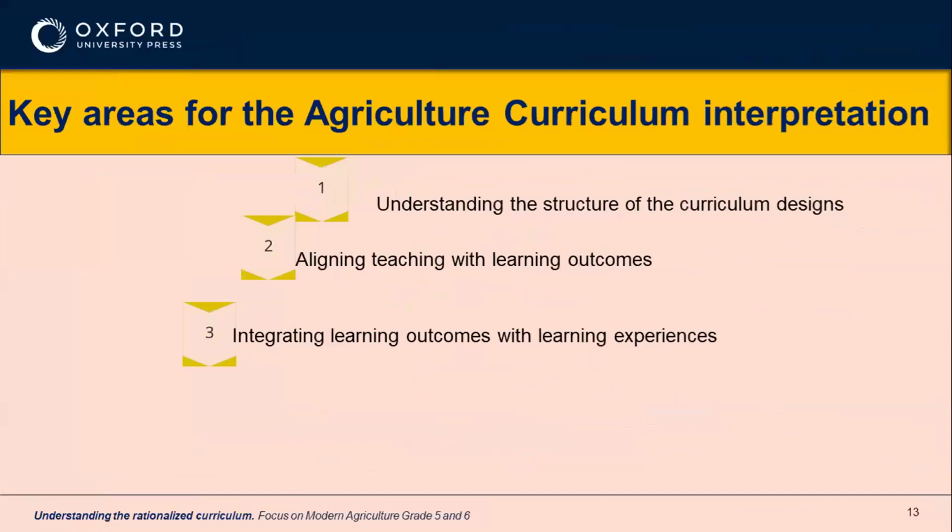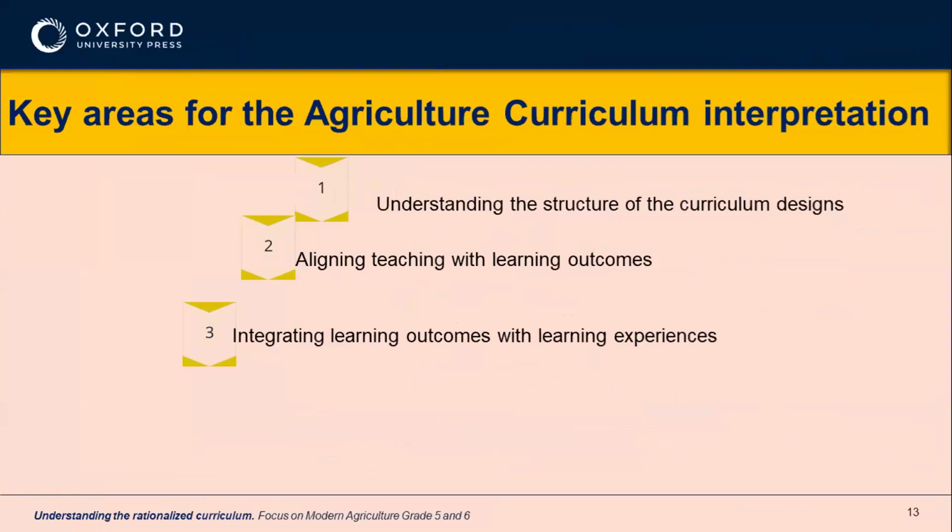So in this session, we shall be looking at the key areas for curriculum interpretation. We shall look at three key areas. One, the teacher needs to understand the structure of the curriculum designs. How are these structured?